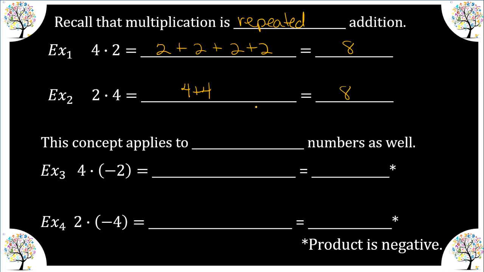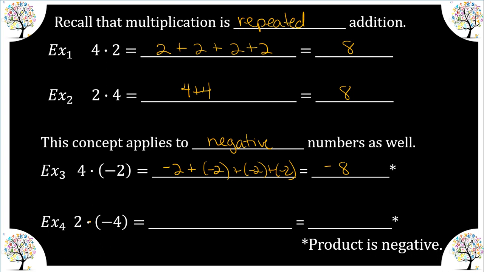So the concept applies to negative numbers as well. Here we have 4 times negative 2, so we have 4 groups of negative 2 being added together. And with our addition rules, when we are adding numbers that have the same sign, we add them up and apply the sign that they are.